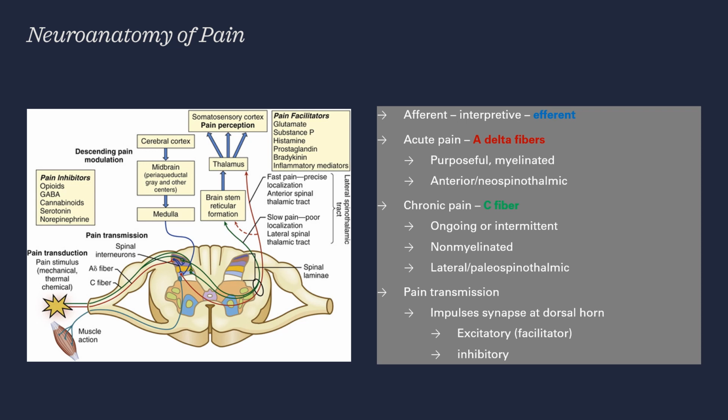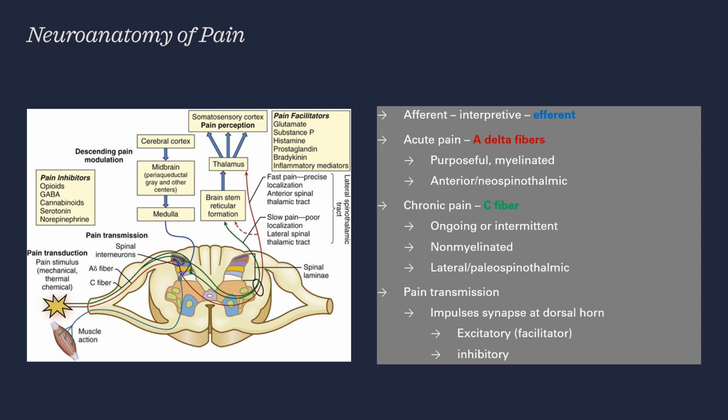Pain transmission is facilitated by these alpha, delta, and C fibers, which synapse with excitatory or inhibitory interneurons in the dorsal horn. Pain facilitators are familiar, as we've discussed histamine, prostaglandin, and bradykinin in detail in 331.